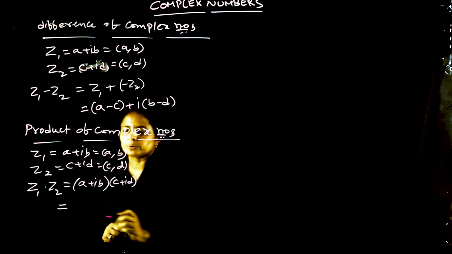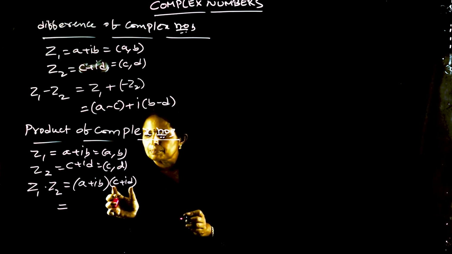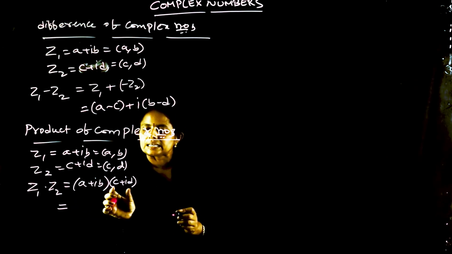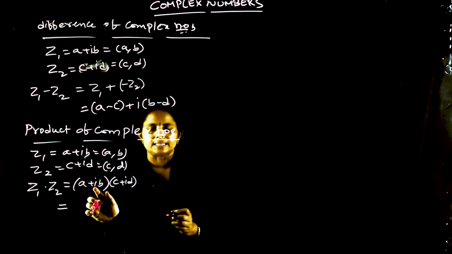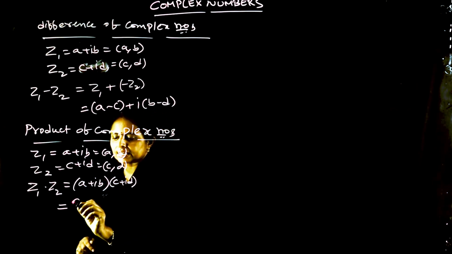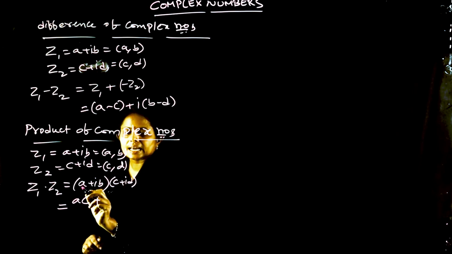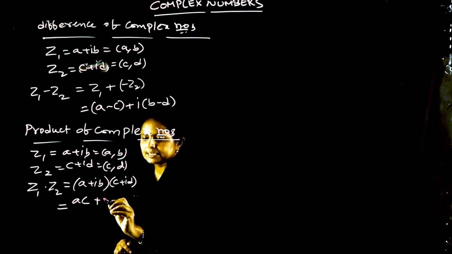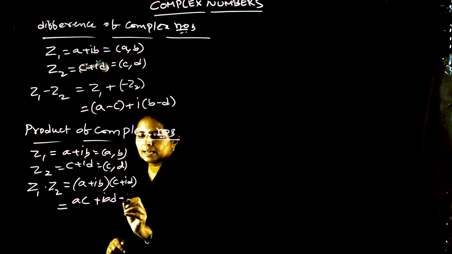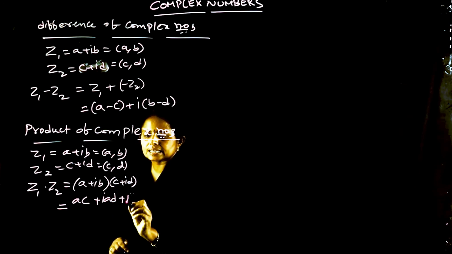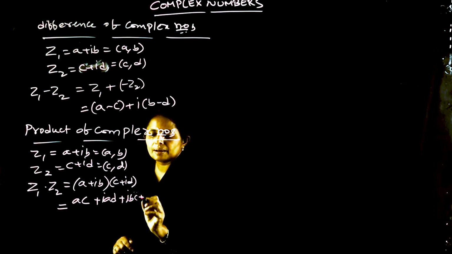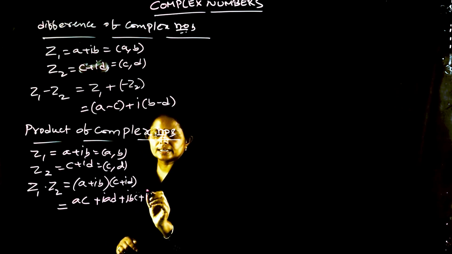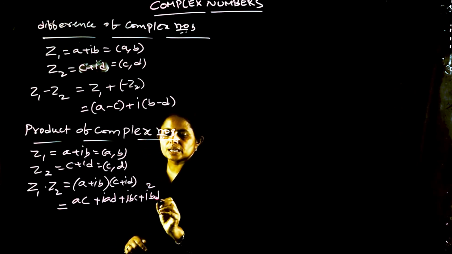So, which is equal to, multiply this entire C plus ID with A first and then C plus ID with IB. So, A into C, AC plus A into ID is I times AD plus I into BC, I times BC plus IB into ID is I square times BD.